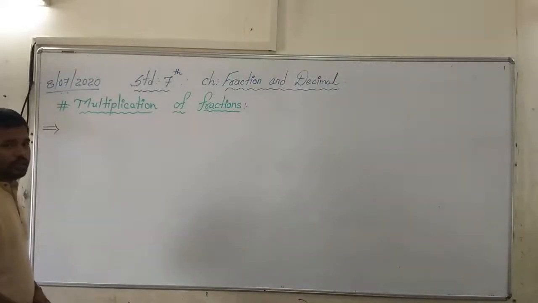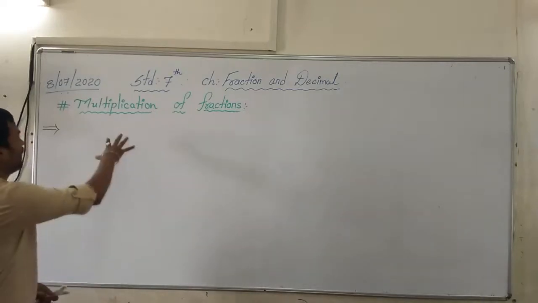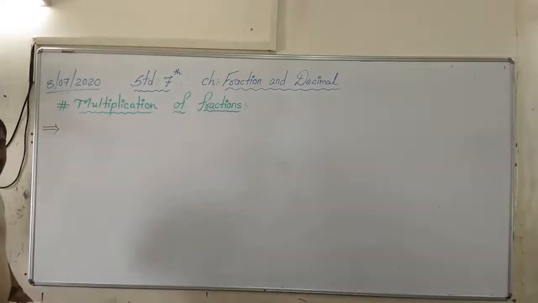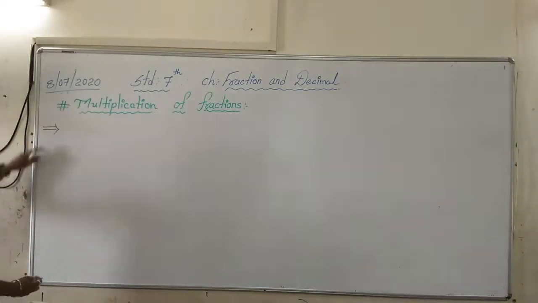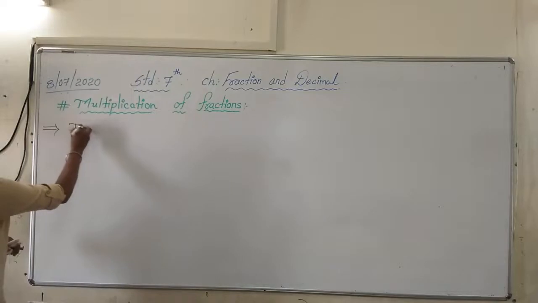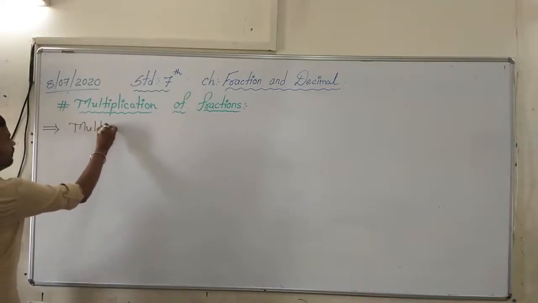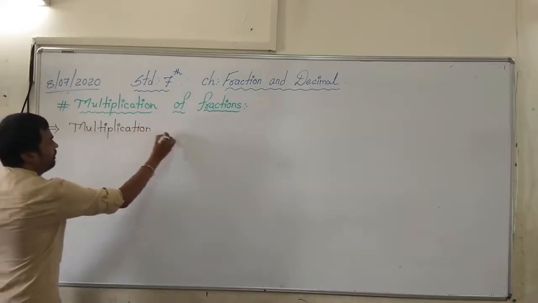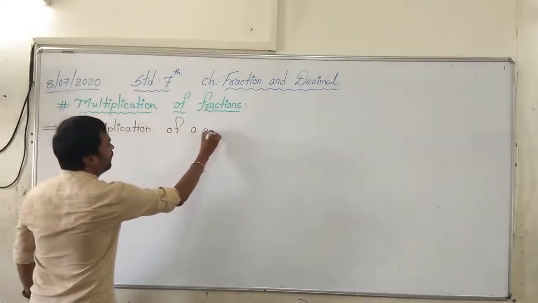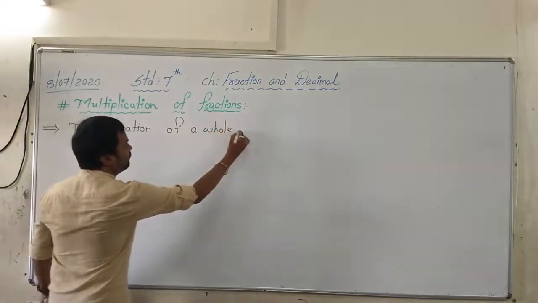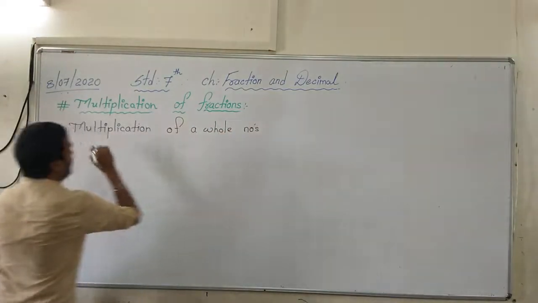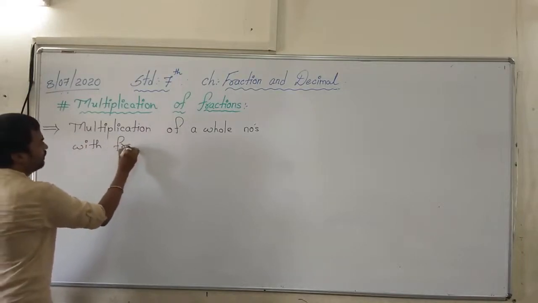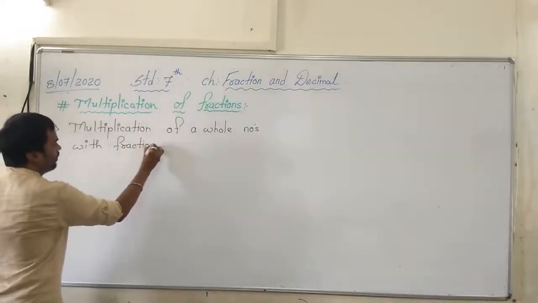We are going to learn how to multiply a fraction. How to multiply different kinds of fractions. The first thing we are going to learn is multiplication of a whole number with a fraction.